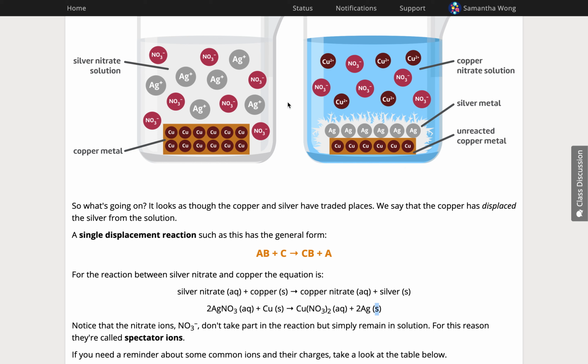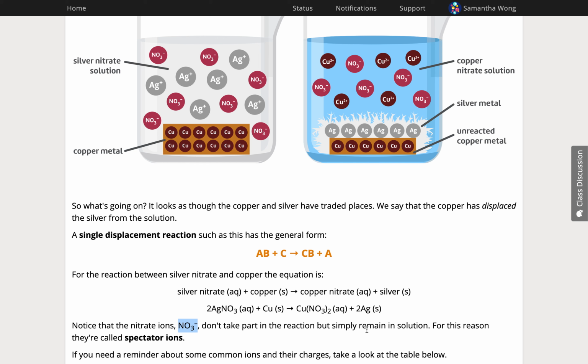Notice how we start off with our nitrate ions, and we end off with our nitrate ions. If you really look at the two diagrams, nitrate ions really haven't done anything. As a result, we can say that the nitrate ions, NO3-, don't actually take part in this reaction at all, and they just simply remain there.